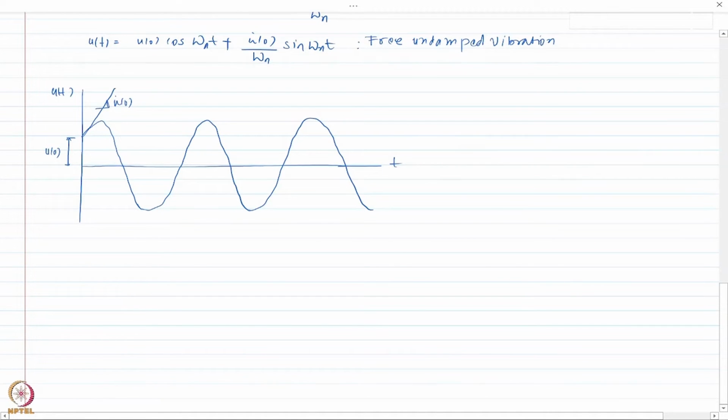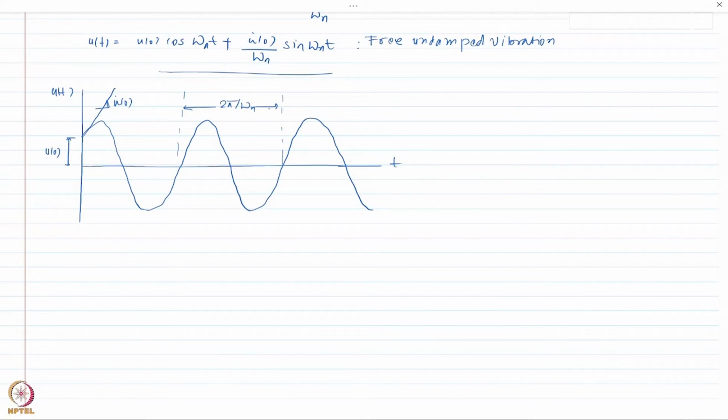So this function has some kind of periodicity. If you see the function here, it actually repeats itself after 2 pi by omega n seconds.